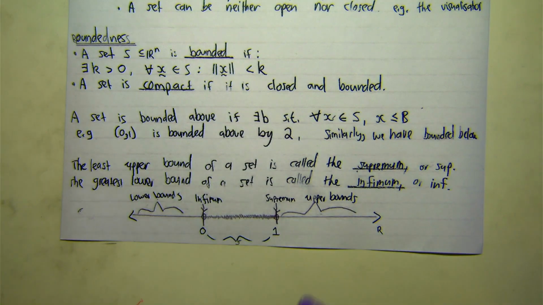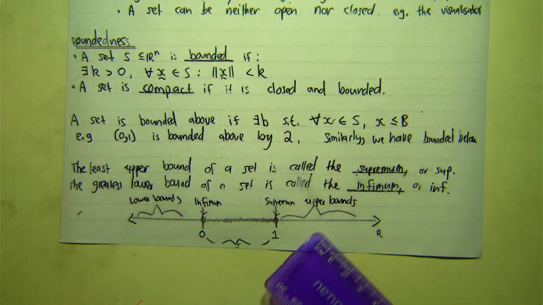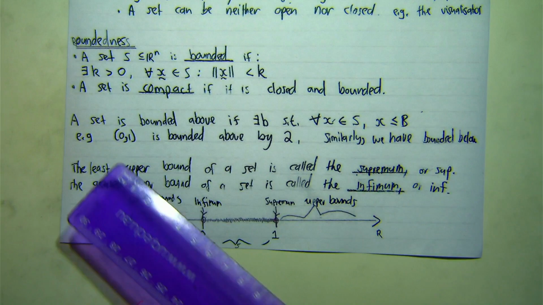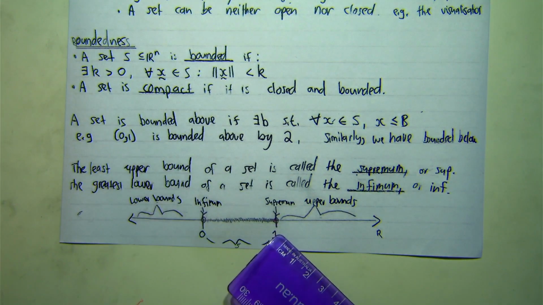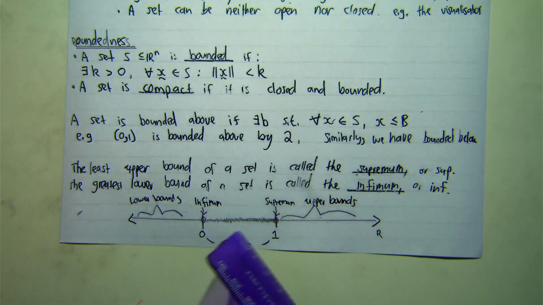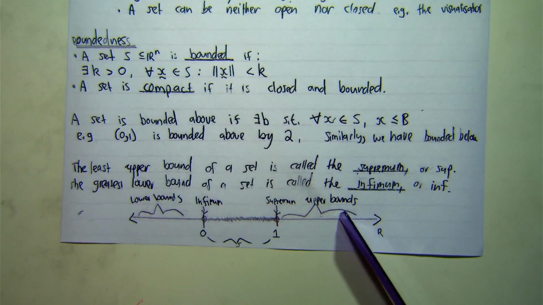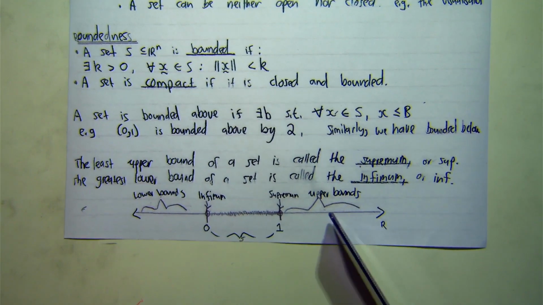The least upper bound of a set is called the supremum. So if we look at our diagram here in our set of 0 to 1, any point on the real number line to the right of 1 is going to be an upper bound because the whole set is contained in the real number line beneath this number. And if we're looking for the supremum of the set, we're looking for the smallest upper bound.